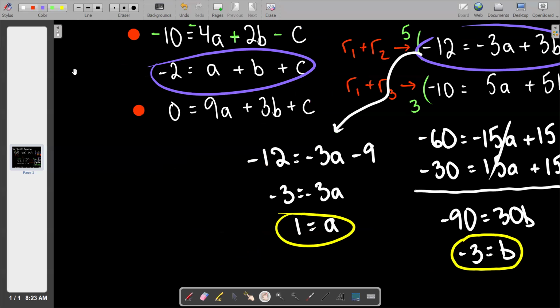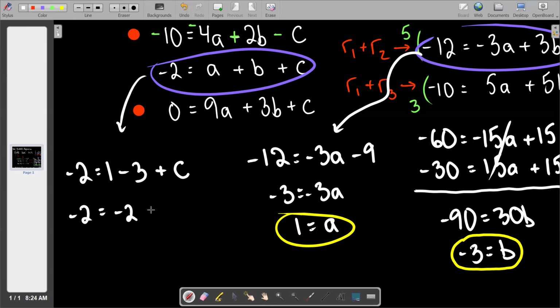So it's going to say -2 equals 1 minus 3 plus c. And then you do the math. -2 equals, what's 1 minus 3? -2. Add 2, you get 0.